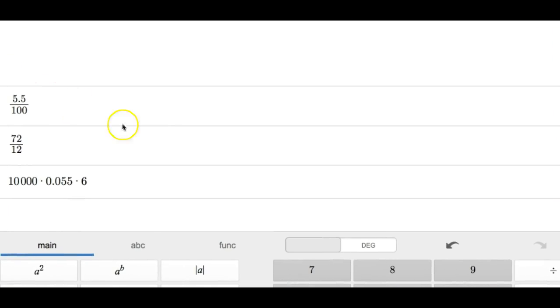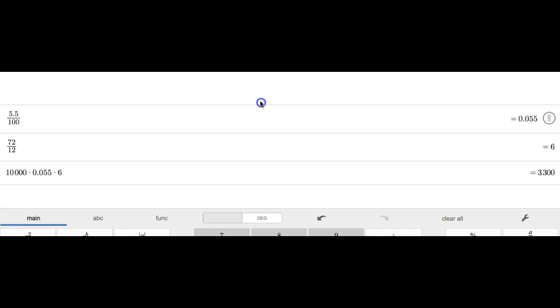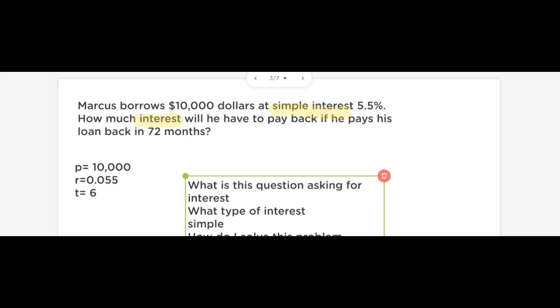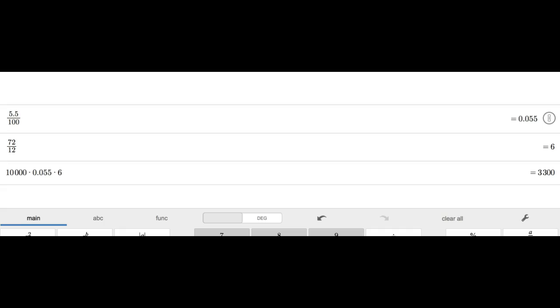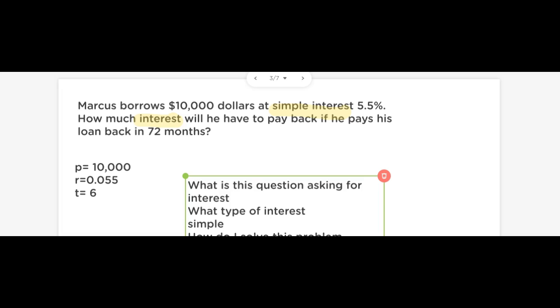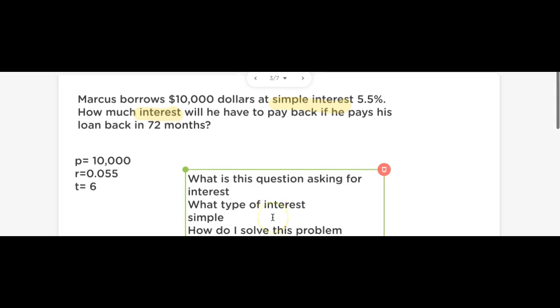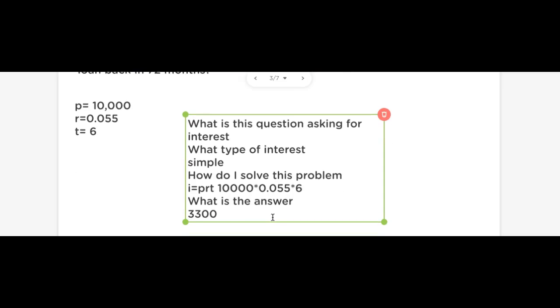Sorry guys, I had to spread this out a little bit so that you can see what I put into my calculator, and it gave me the answer. There is my answer: 3,300. So the answer to the question is he's going to pay $3,300 in interest. All right, there's my answer, and I can highlight that.